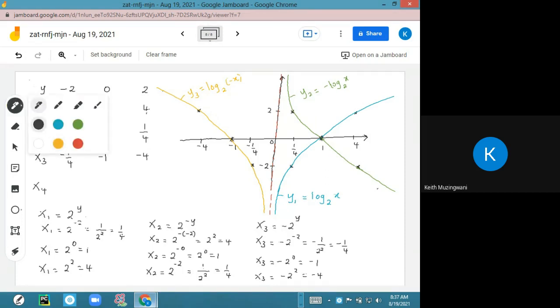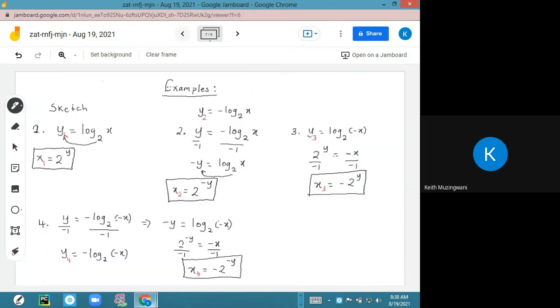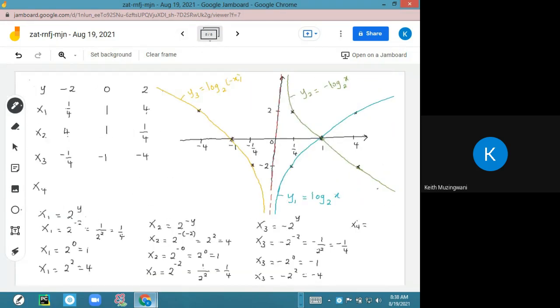Another one, we're looking for x4 now. The equation of x4 is -2 to the power -y. So what is x4 when y is -2? We have -2 to the power 2, which is -4. So we get -4 here. As we have followed the pattern, here we're supposed to have -1 and then -1/4.